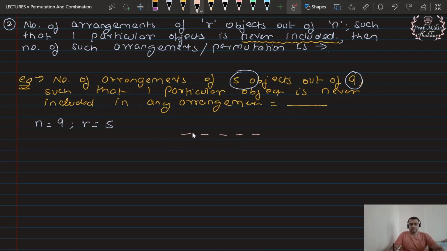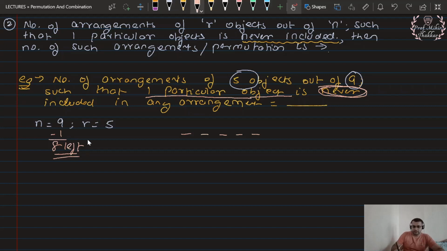But the thing is, it says one particular object is never included. So the best part is that if one particular object is never included, I just remove that object from the total. So now there are 8 left.